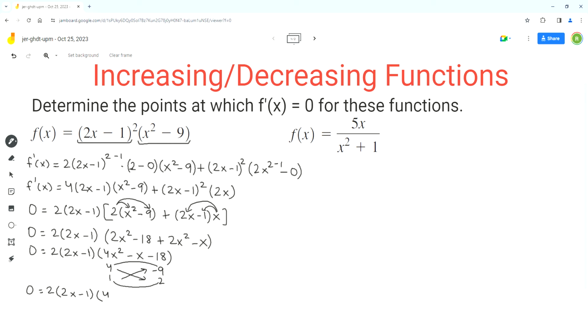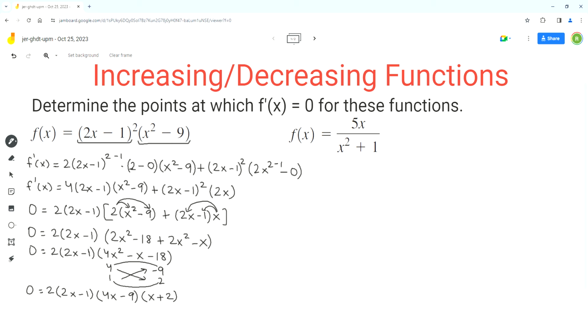And then we'll write 4x minus 9 and then x plus 2. So this is the factored form for this equation.